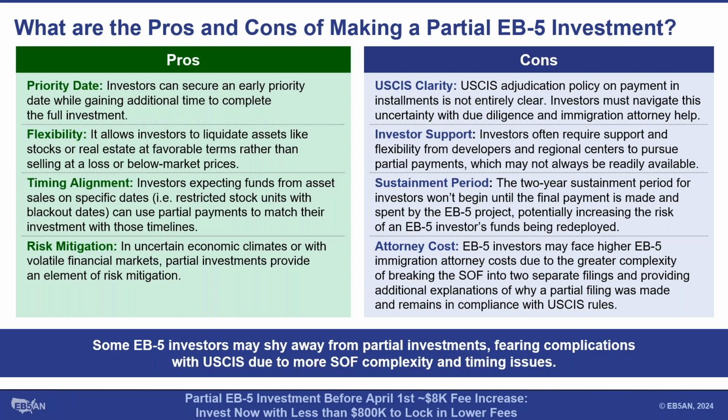So you may find yourself in a situation where your funds are invested longer in the project, and they may potentially need to be redeployed into another project to meet the 2-year sustainment period.